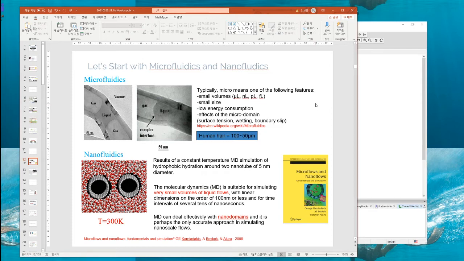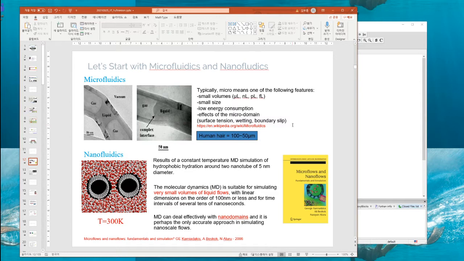Typically when people talk about microfluidics, you can think about a human hair. The diameter of hair is typically from 100 micrometers to 50 micrometers. Think about the liquid that flows inside a small pipe with a diameter of 100 to 50 micrometers.